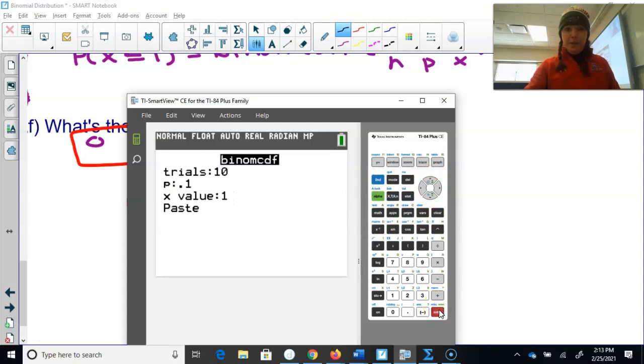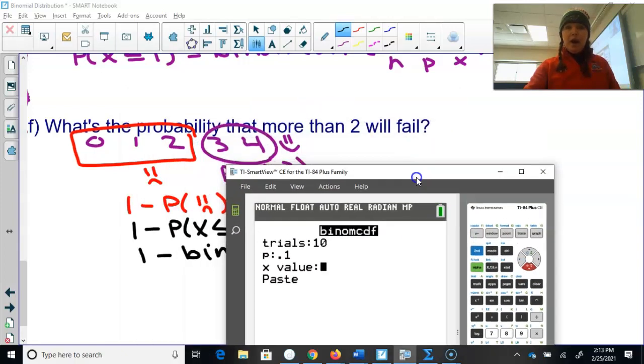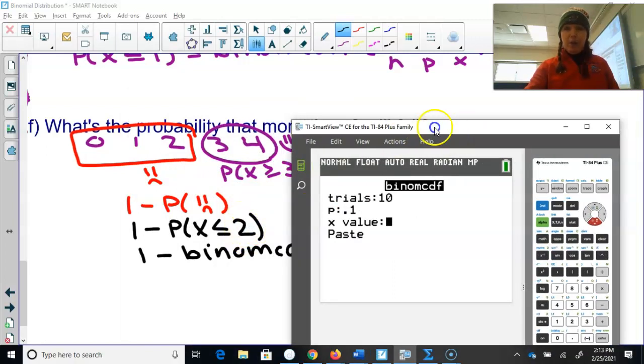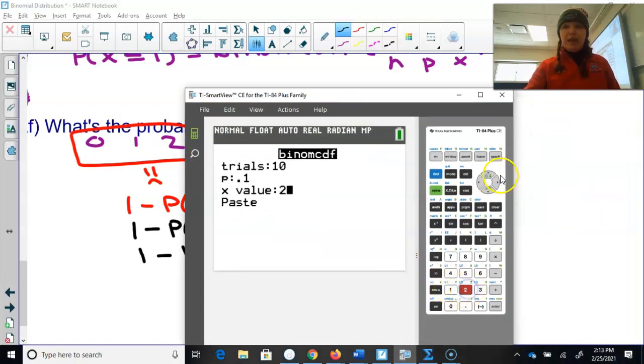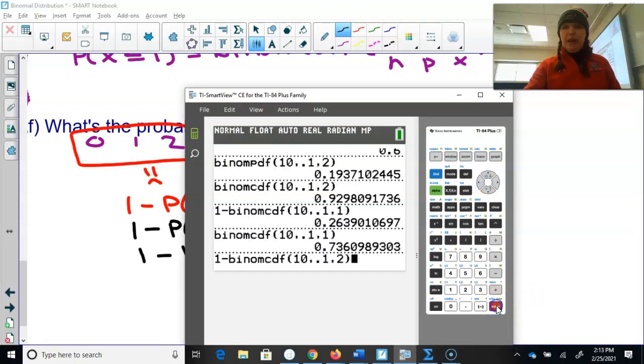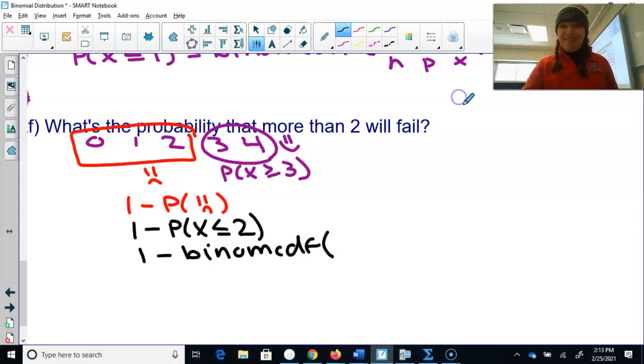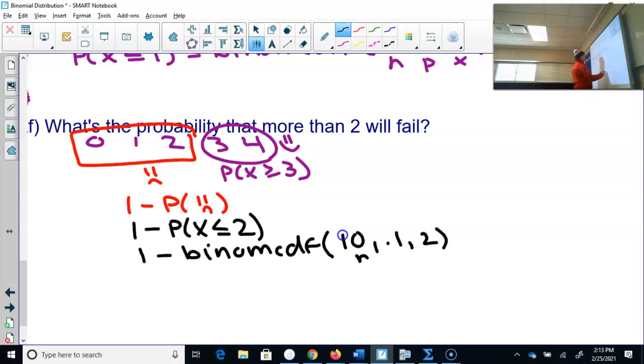Hit enter, 10, 0.1, and now I want 2 this time because that's that number right there in that inequality. That's why it's so important to write that inequality out the correct way. I'm going to paste and enter. I get 0.07. So 10, 0.1 and then 2. NPX equals 0.07, I believe.